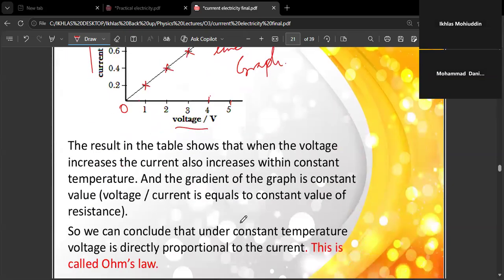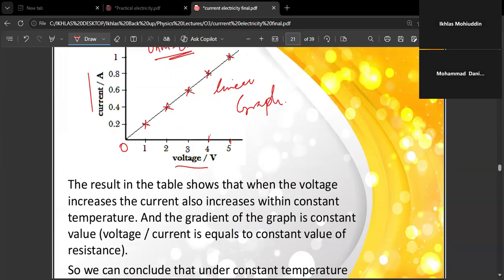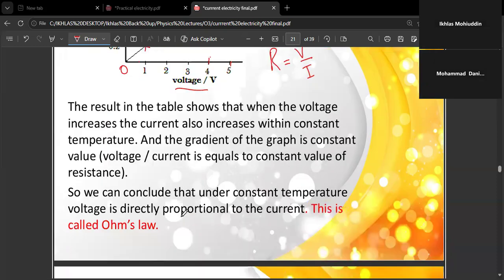It will only happen when the temperature is kept constant and the gradient of the graph is a constant value. Voltage divided by current is equal to the constant value of resistance. We discussed yesterday that for resistance we would divide V over I, so we conclude that under constant temperature, voltage is directly proportional to the current.